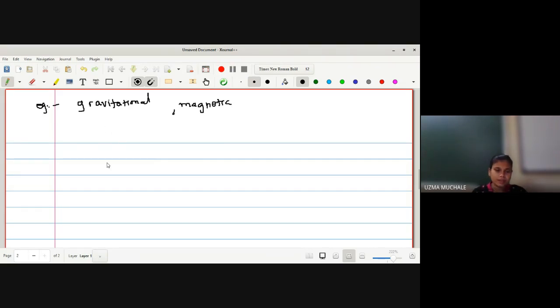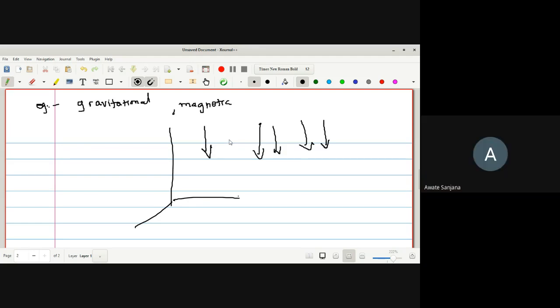As we are living on Earth, you can observe that if you put anything in the air, right? You put any object in the air, so what will happen? It will come back to the ground, correct? Yes, ma'am.